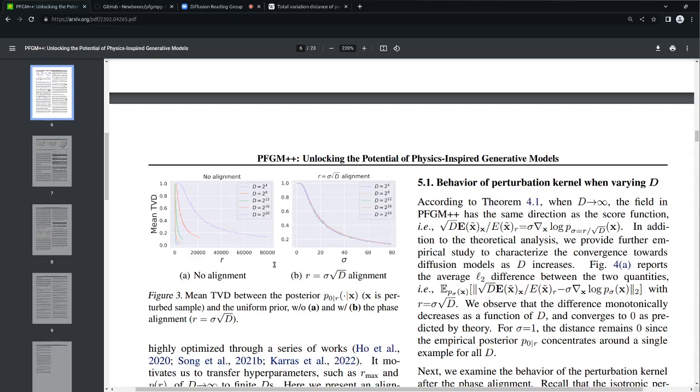With the low D, your range of R is much smaller compared to the high D. Then this reparameterization makes it so that you now use the sigma parameter, and the sigma range remains the same for any D. And so again, you could use that for hyperparameter transfer because the range is exactly the same. Okay, that makes a lot more sense now.